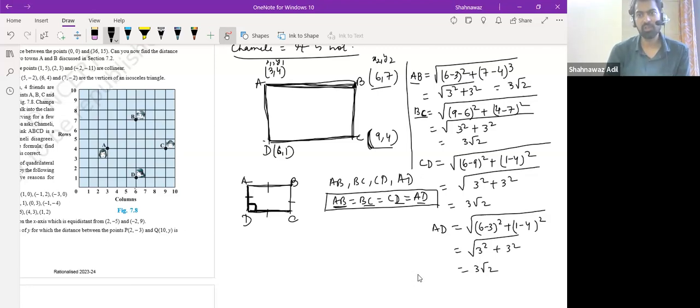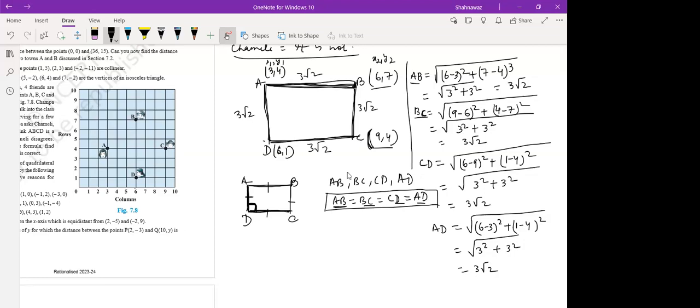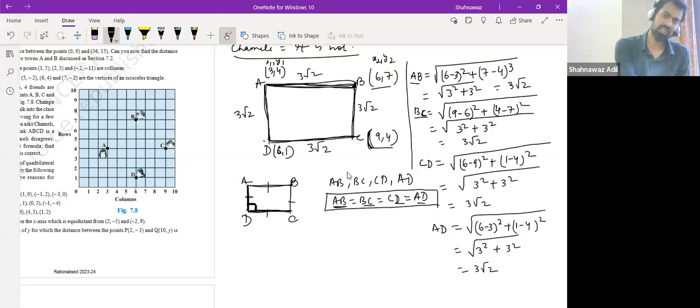Right. So we can say that the sides are equal. This is 3 root 2, 3 root 2, 3 root 2, and 3 root 2. So the sides are equal. So it should be a square then. No, so the side is only root 18. We're not talking about 18 square. We're talking about the sides, distance, right? Why would there be a square, Amar?